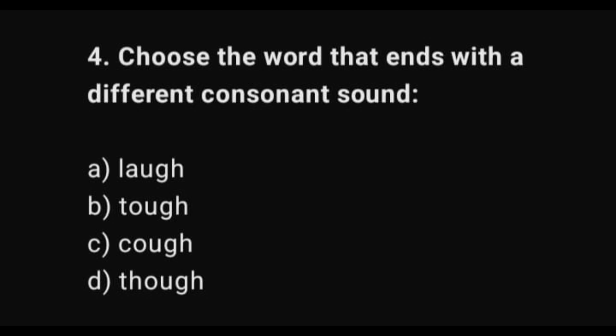Alright, option D is correct. It is different because the last sound there is a vowel sound, while we have a consonant at the ending of the remaining three words. That is why option D is correct.